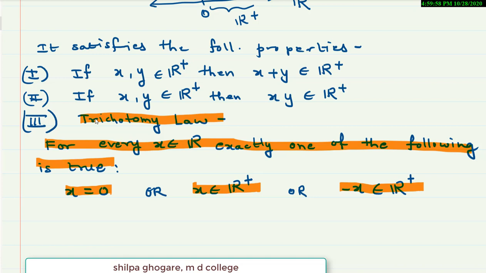In other words, any real number is either 0 or it is a positive real number, or saying that it is a negative real number is same as saying that its additive inverse is a positive real number. This particular property is known as law of trichotomy.